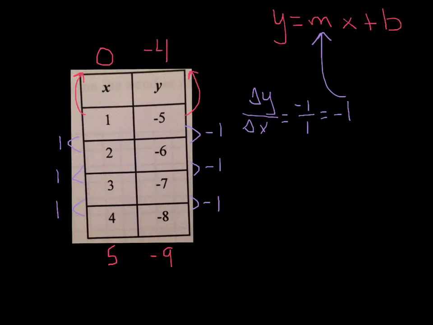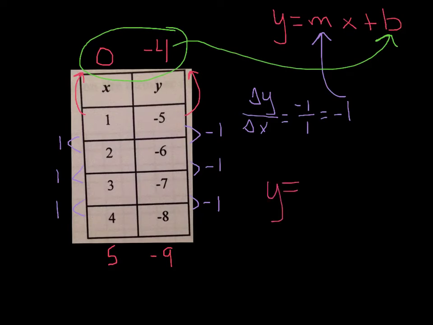So even though this isn't given to you, you can follow the pattern to find it. -4 is what matches up with 0, so that is your y-intercept. So the equation: y equals, my slope is -1x, and my y-intercept is -4.